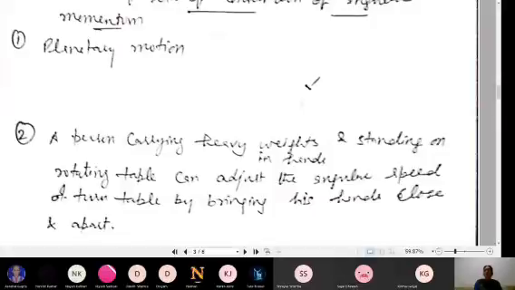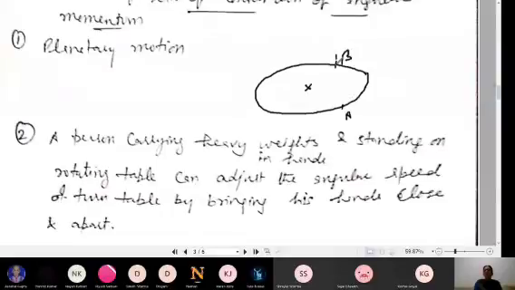Like when we talk about planetary motion, we said Kepler's second law: if I'm moving from A to B, this is the area covered. Now if I'm moving from C to D, then this is the area covered. If the timings are equal, the area covered will be equal.